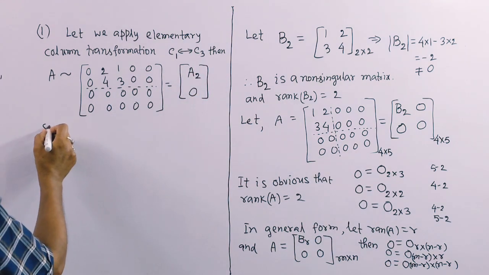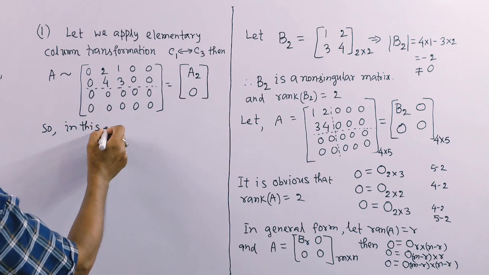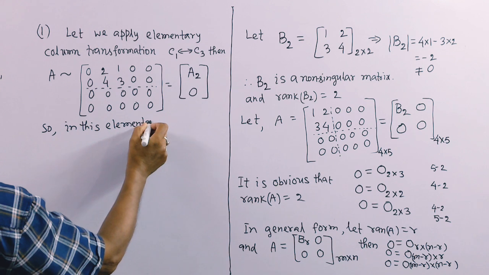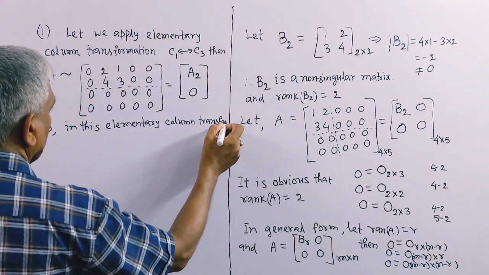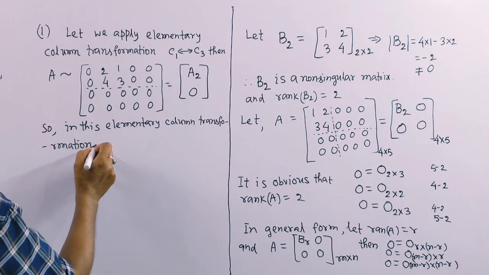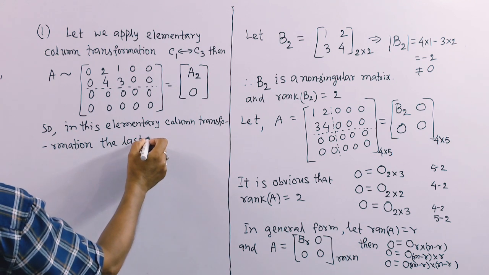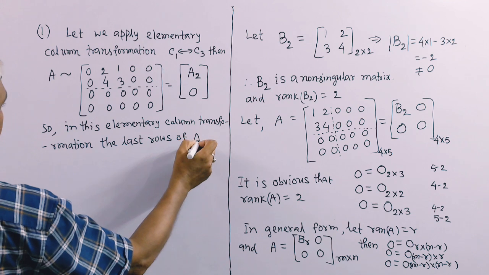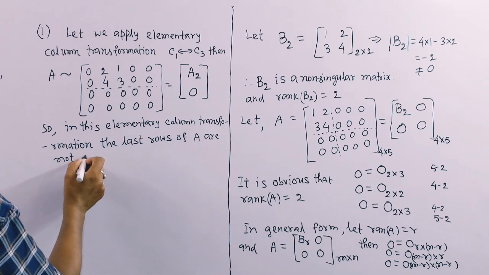So in this elementary column transformation, the last rows of A are not changed.